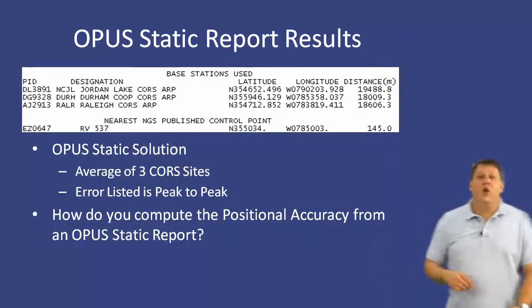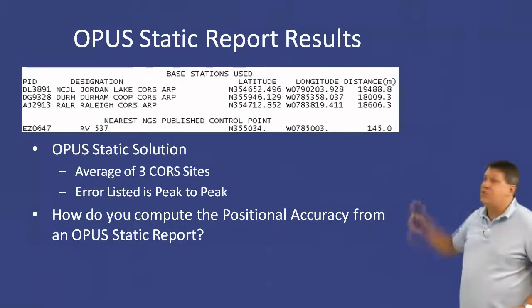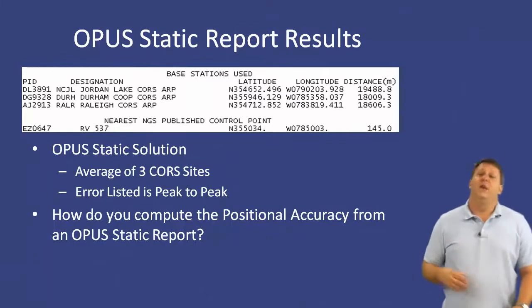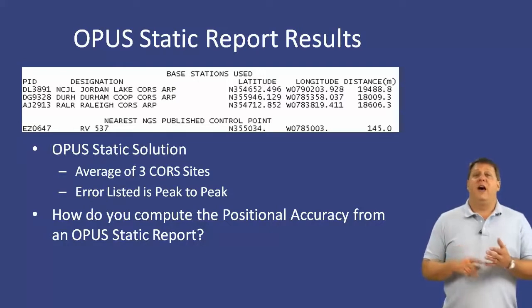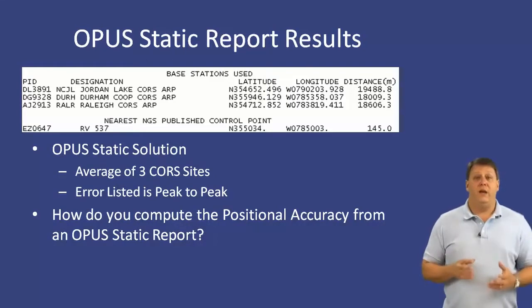Finally, continuing on with analyzing an OPUS static report, we have the base stations that were used in the solution and also the nearest NGS control point. To review, an OPUS static solution is an average of 3 CORS sites. The errors listed beside our latitude, longitude, orthometric height, and ellipsoid height are peak-to-peak errors.